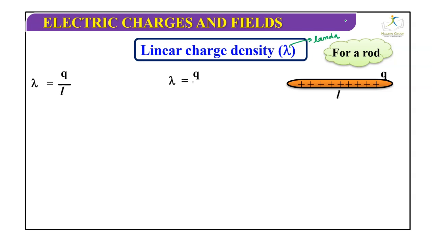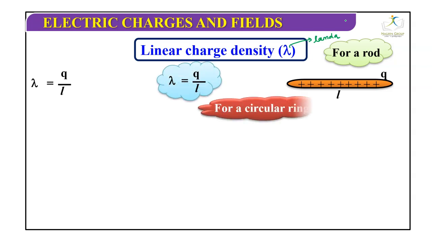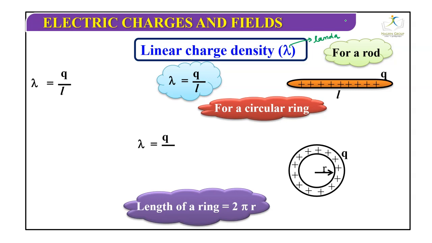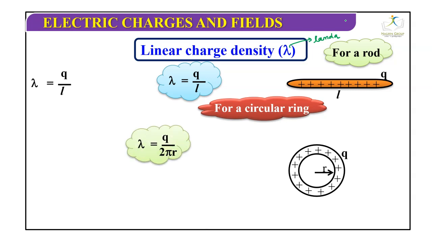So lambda will be Q by L. Now for a circular ring of radius R with charge Q, lambda will be Q by 2 pi r, because the length of the wire or ring will be 2 pi r. So for the ring, this will be Q by 2 pi r.